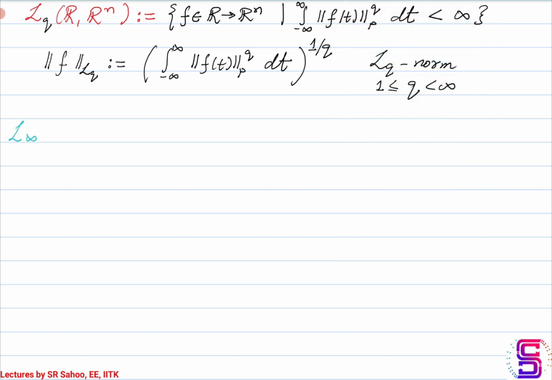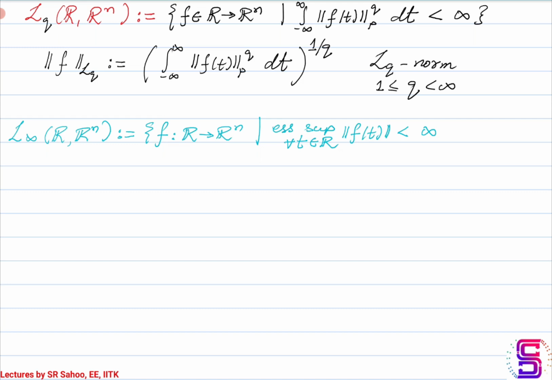Now, the L infinity space mapping from R to R^n is defined as all those functions that map from R to R^n such that something known as the essential supremum, for all t belonging to R, of the norm of f of t must be less than infinity. Should be finite.